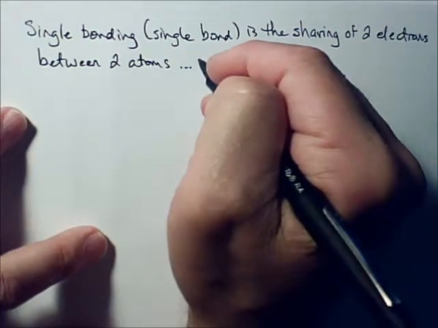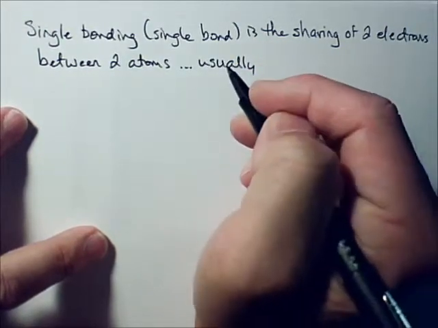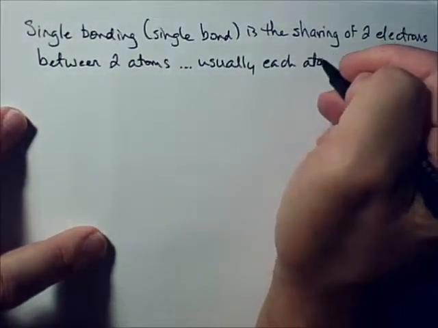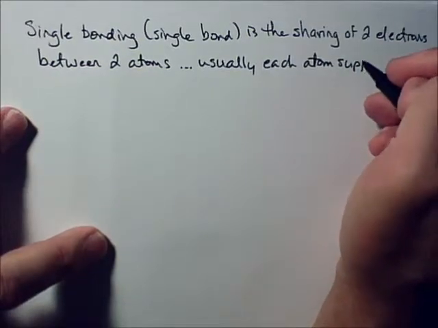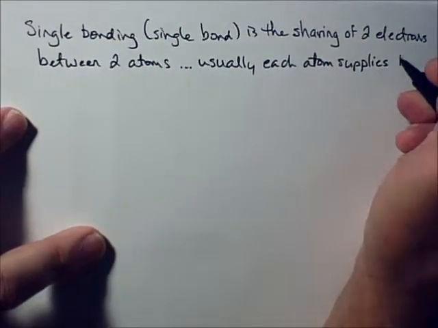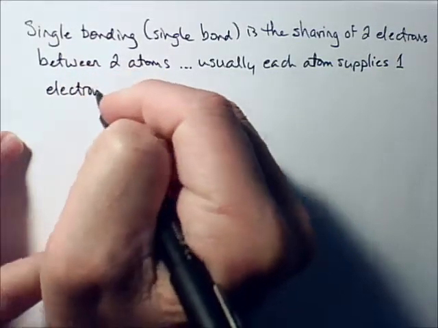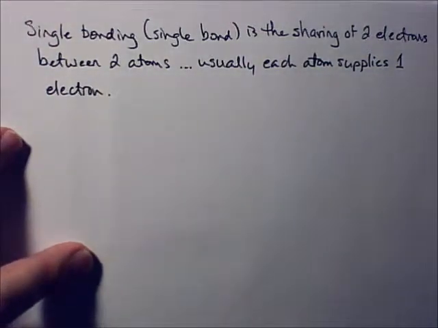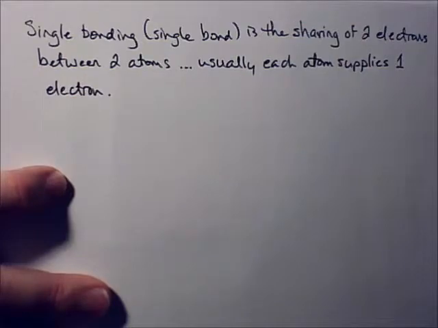And usually, but not always, each atom supplies 1 electron for this bond. Sometimes both electrons in the bond come from 1 atom. Okay.